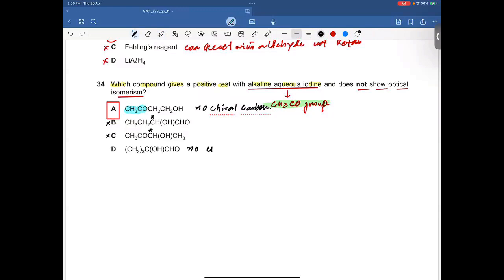No CH3CO group or no CH3CHOH group exist. And no chiral carbon. Since last compound in option D has no chiral carbon atom, has no CH3CO group, has no CH3CHOH group, which means it cannot give you iodoform test, which is why D is also incorrect. Okay.